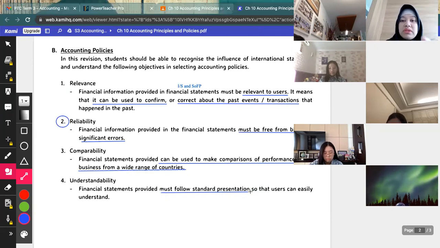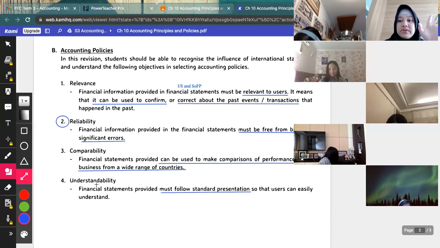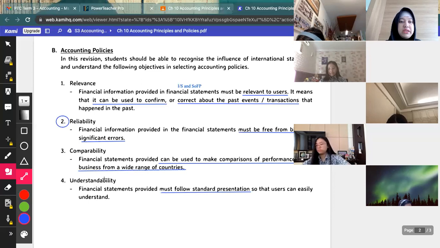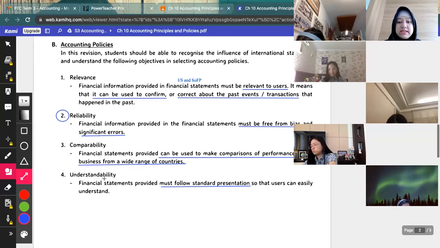We have to follow standard presentation worldwide, so that users in other countries can easily understand your financial statements. The way it is presented is the same in every country. Clear? That's about accounting policies.